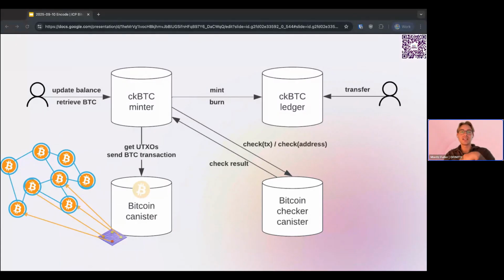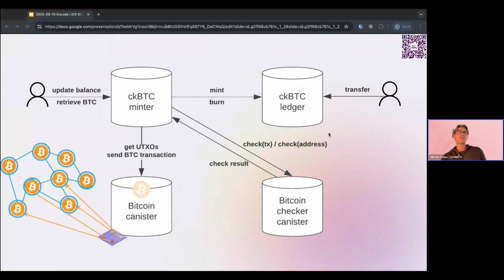Anyways, if you're using ckBTC, only the settlement transfers need to be executed on the Bitcoin network, and everything else is running on the internet computer. So a majority of the transfers can be done with the lightning speed and the low cost of the internet computer.